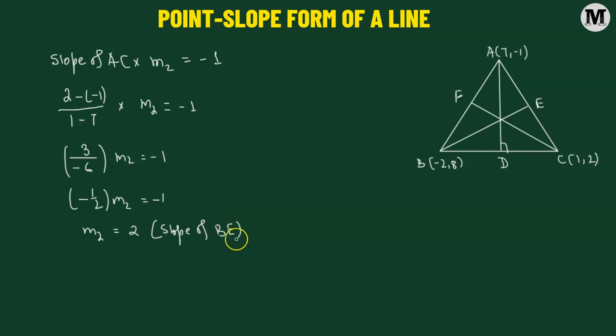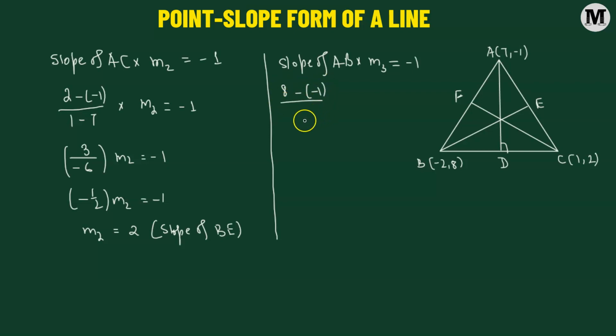Fine. Next, we'll try to find out the slope of the third altitude. We have the slope of AB, that's the third side, times the slope of the altitude CF, that's M3, equals -1. So the slope of AB will be 8 minus -1, difference of the y coordinates, divided by -2 minus 7.